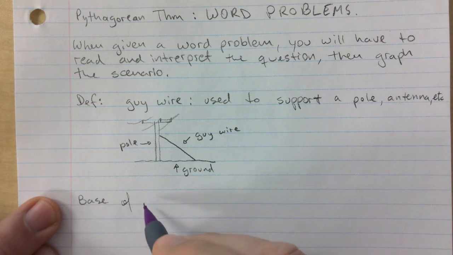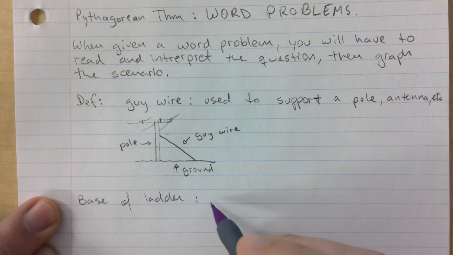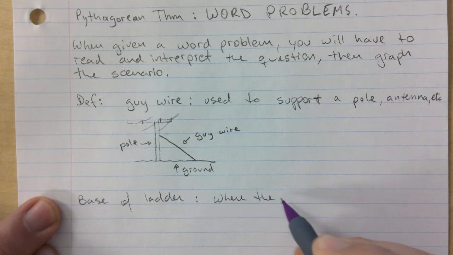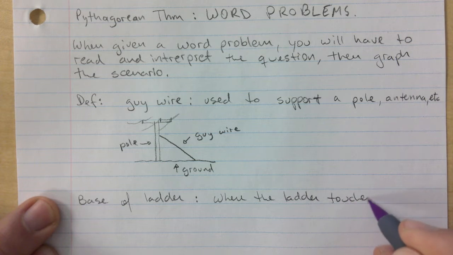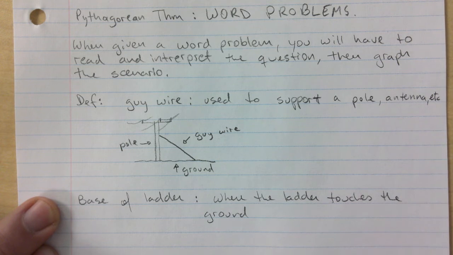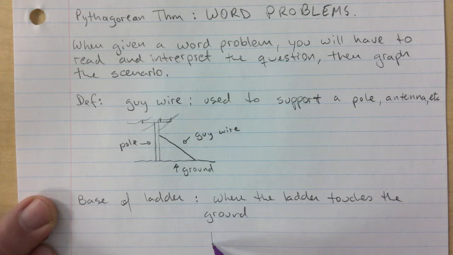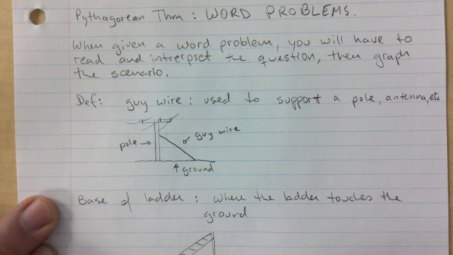Base of ladder, for example, is where the ladder touches the ground. So if you have a wall, and the ladder is leaning against it like this, the ground is never really talked about, but it's there.